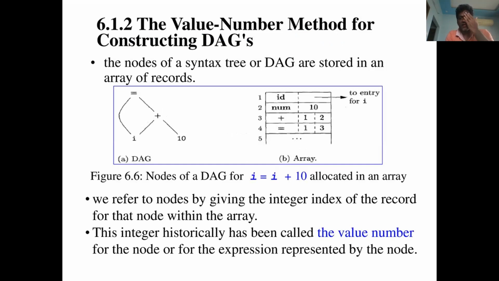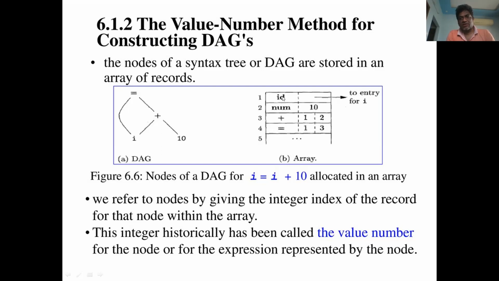And this is another variant of syntax tree, that is the value number method for constructing DAGs. So a directed acyclic graph can be stored in an array like this. Please observe this array.